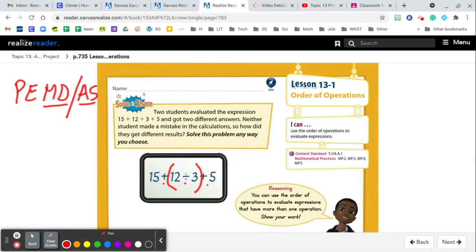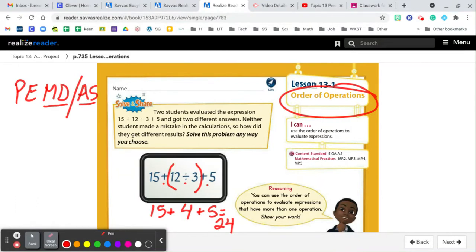So 12 divided by 3 is 4. So now we do 15 plus 4 plus 5 equals 24. That is the order of operations.